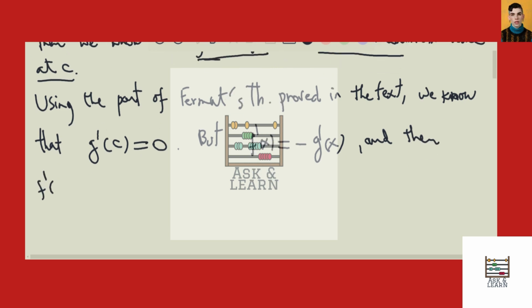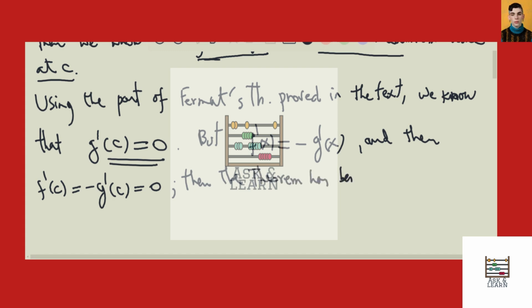That is, the derivative of f at c is negative derivative of g at c, but this is zero because of this. And this implies that the derivative of f at c is 0, so we have proved the theorem. Theorem has been proved.